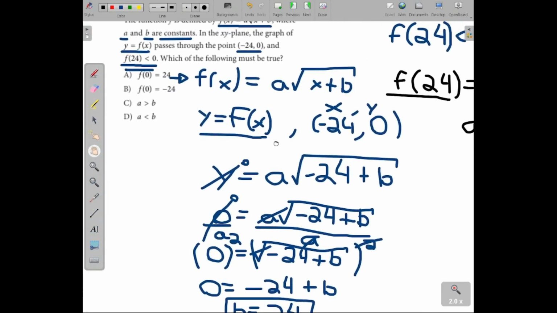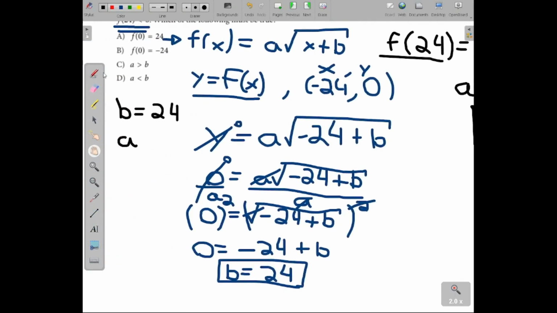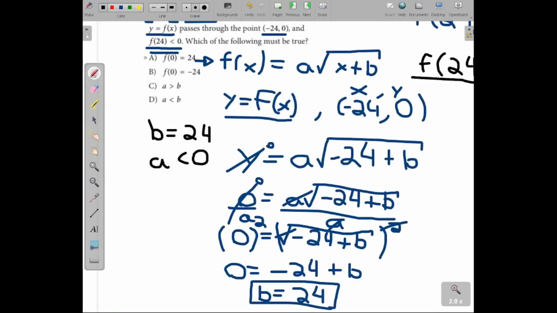Now let's look at the answer choices. We got that b is equal to 24 and a has to be less than 0. So we cannot determine A or B, but there's a relationship between A and B. Is A greater than B?